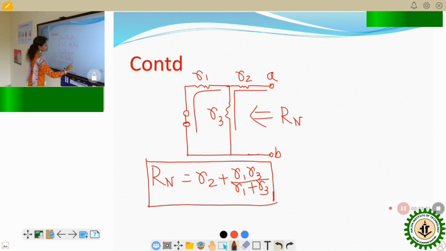After calculating RN, draw the Norton's equivalent circuit. That equivalent circuit has one current source in parallel with RN, and then reconnect RL, the load resistor.